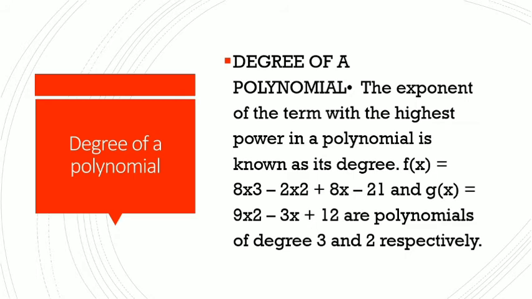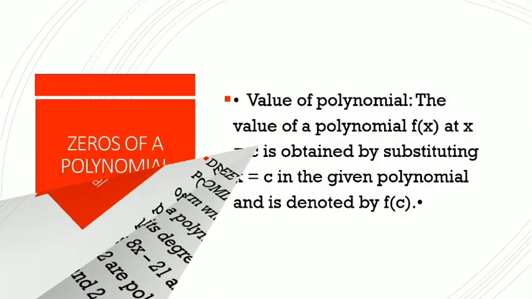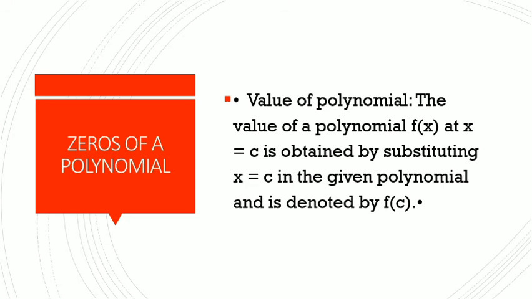These are two polynomials. f(x) has degree 3, as the highest term has power 3, and the highest power of x is 3. In the second polynomial g(x), the highest power is 2. So we can say f(x) has degree 3 and polynomial g(x) has degree 2. I hope the concept is very clear with these two examples. What is the degree of a polynomial? The exponent of the term having the highest power.